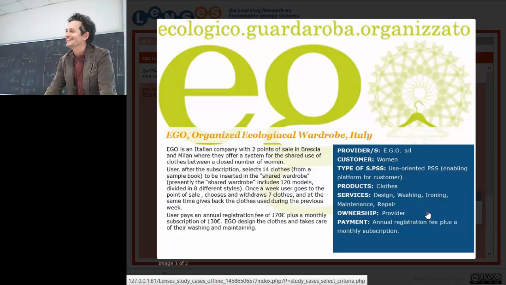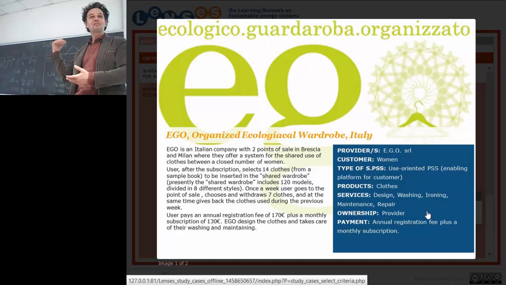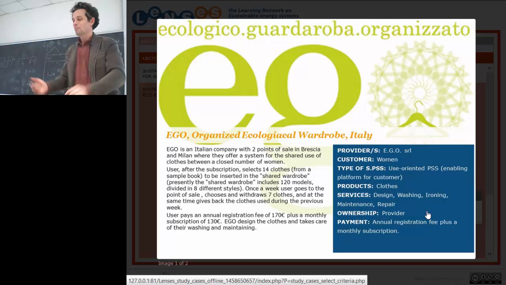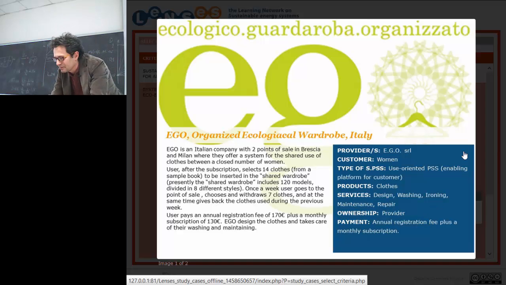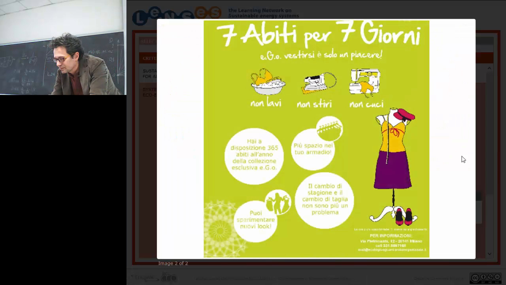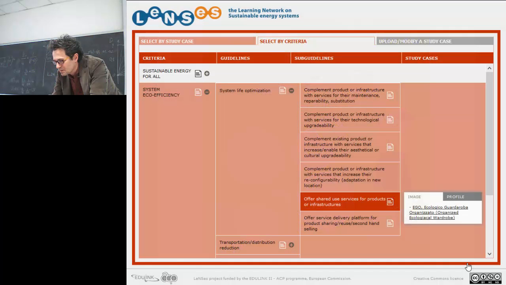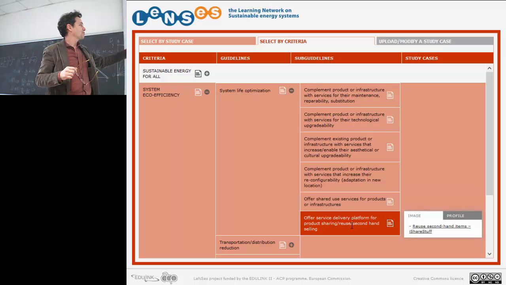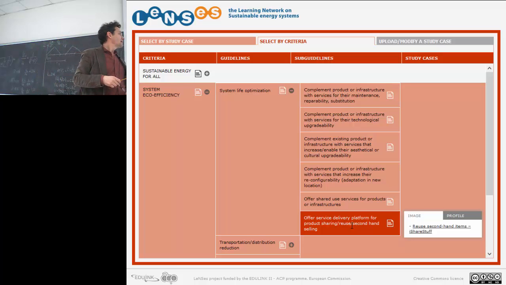Great. You see, by the way, it's user-oriented because the ownership remains with the provider, but you are using the clothes. Okay. Or you may have even, there are several like this, offer a service delivery platform for product sharing, reuse and second hands and so on.